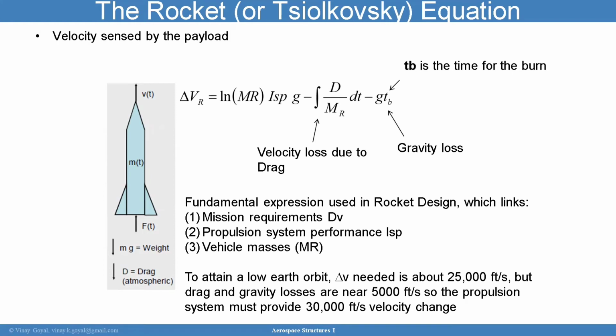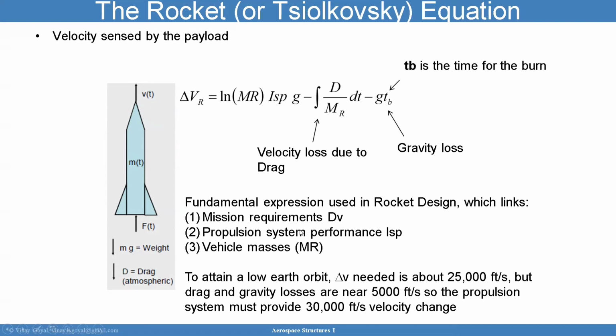However, you do have gravity pulling back on you, and so there are gravitational losses due to that. And so TB is the time allowed for the burn to occur, and so gravity times the time for the burn is going to decrease the vehicle velocity sensed by the payload.